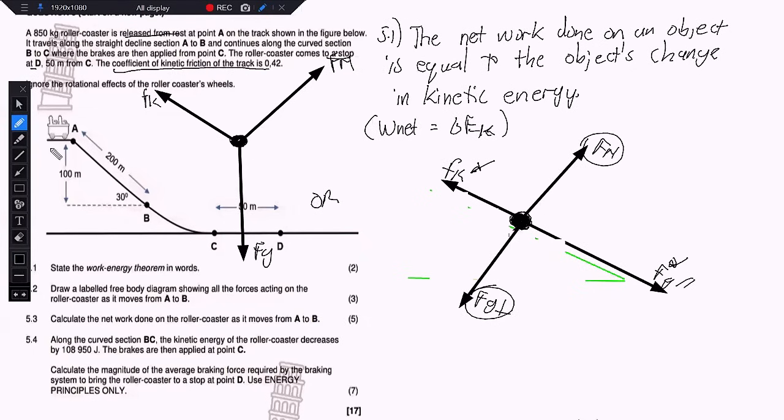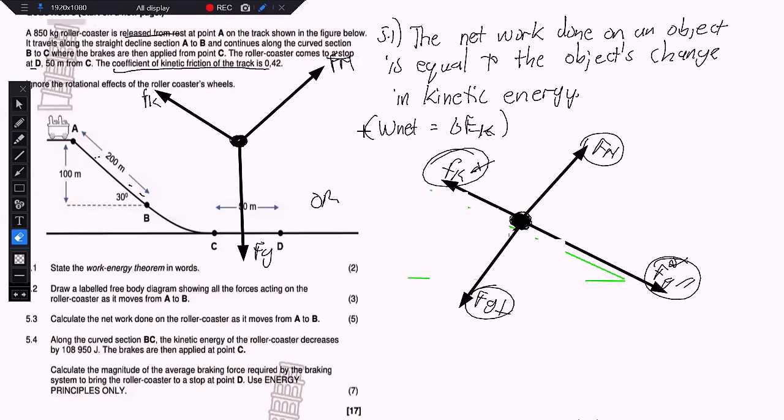So the object is moving down like this. And as you can see, since your normal force is perpendicular to the surface, it will also be perpendicular to the displacement of the object. So normal force and Fg perpendicular are not doing work on the object, meaning we will calculate the work done by Fg parallel and also the work done by Fk.